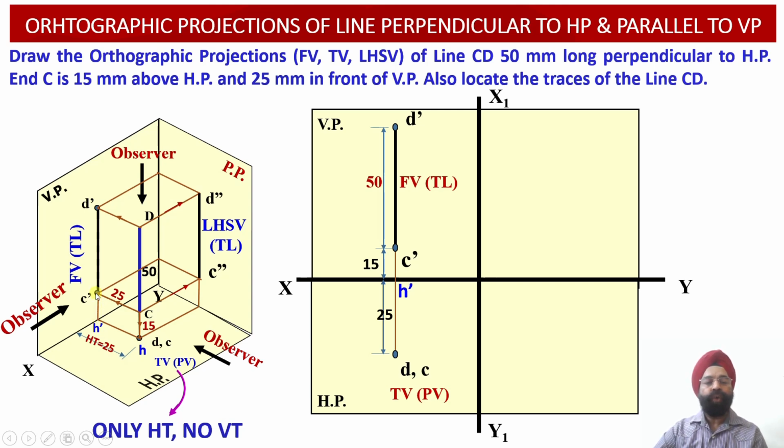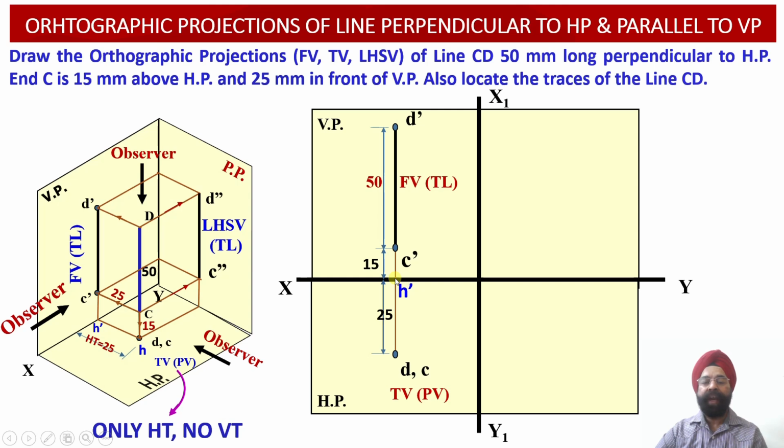So here, once you extend C dash D dash, it will meet the XY reference line at the point H dash. So once I extend this front view projection line, that is D dash C dash, so that it meets the XY reference line, this point of intersection of the extension of this front view elevation projection C dash D dash will be called point H dash.